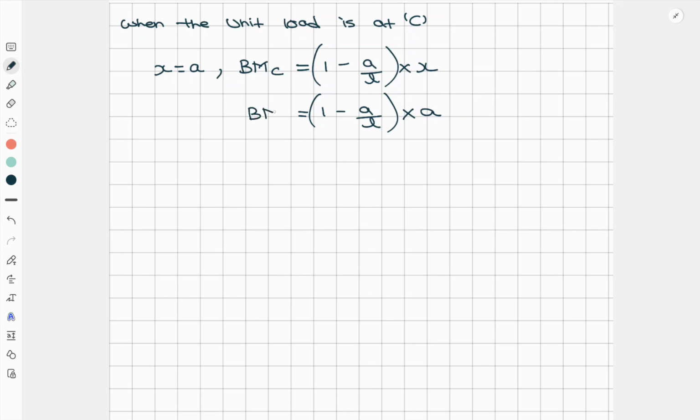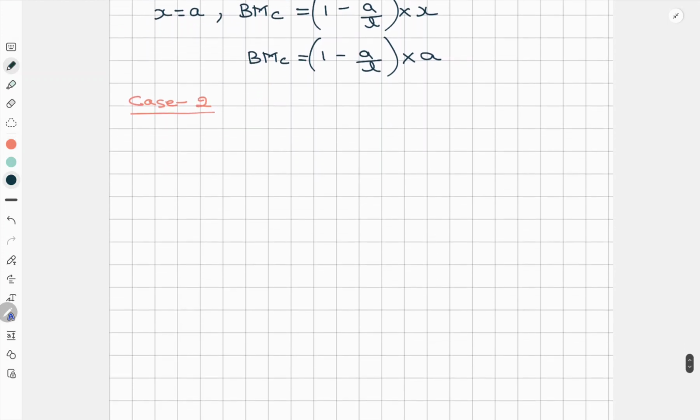Okay, now again we have to apply a boundary condition for case 2. Again, same thing we have to follow. When the unit load is between B and C, right?